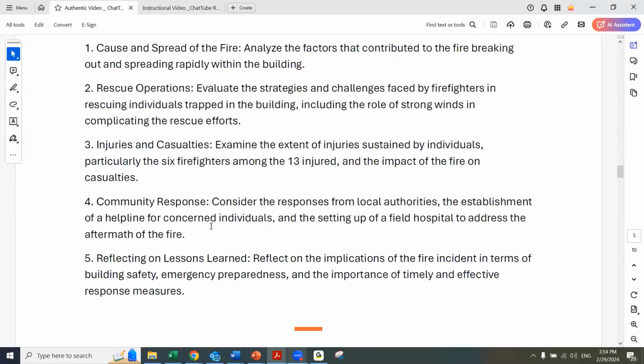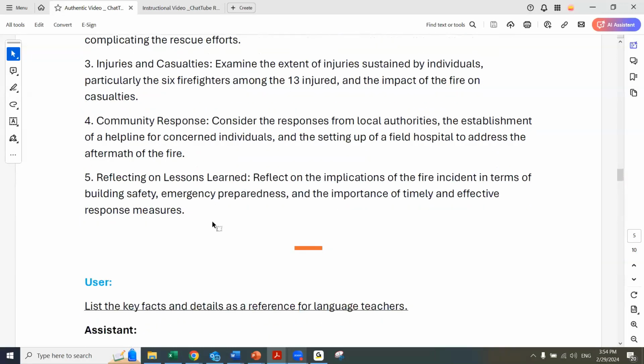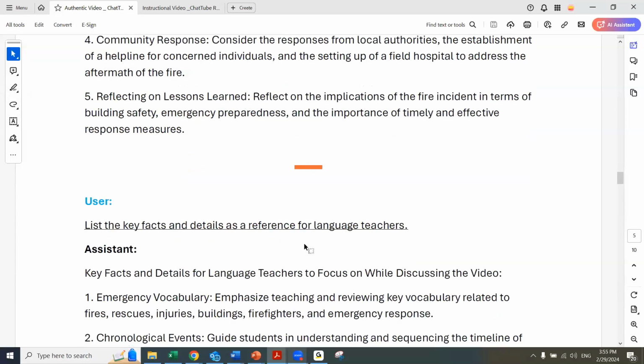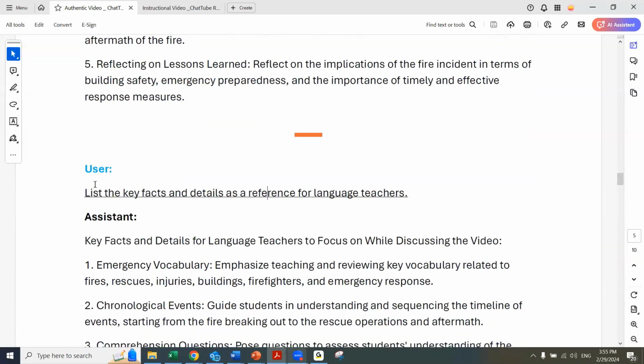And then I didn't try the advanced level. I'm sure if you put in advanced level learner, it will give you different answers too. And then I also ask to list the key facts and details as a reference for language teachers.